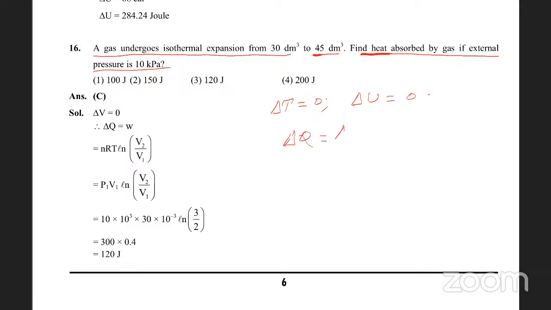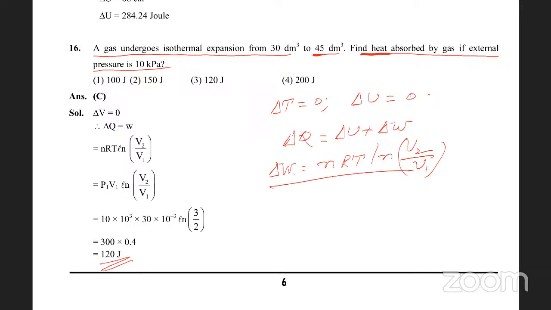Delta Q is equal to delta U plus delta W, and work done, the formula is nRT ln V2 by V1. So if you apply that concept directly, you'll get 120 joules. So work done is nothing but the heat absorbed, since dU is 0, isothermal expansion.